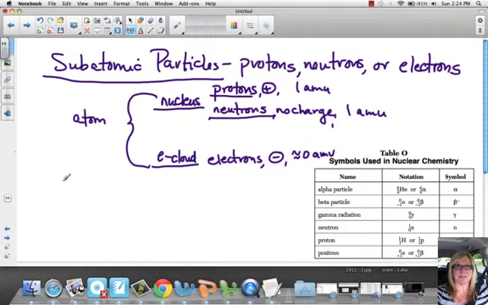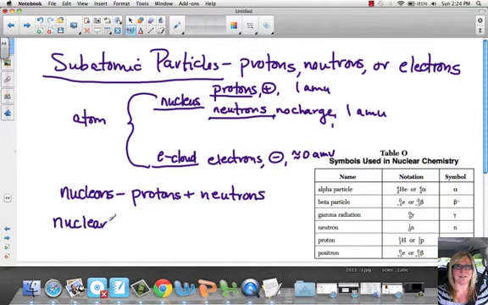Now there's a couple of words that are really important when we're talking about atomic structure. One is nucleons. Nucleons refers to what's in the nucleus, so we're talking about protons and neutrons. And also the term nuclear charge.